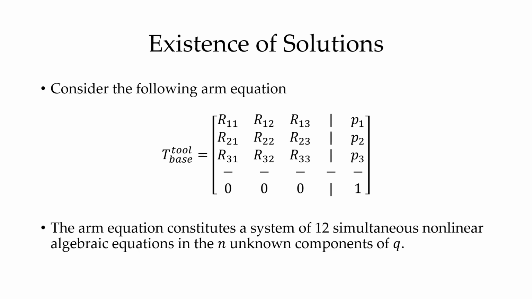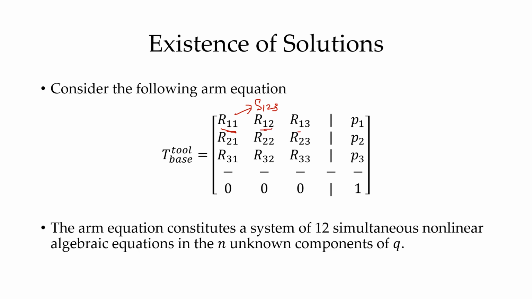Let me write this. This will be some kind of expression depending on, let's say, s123, like sin of theta 1 plus theta 2 plus theta 3, something like that.